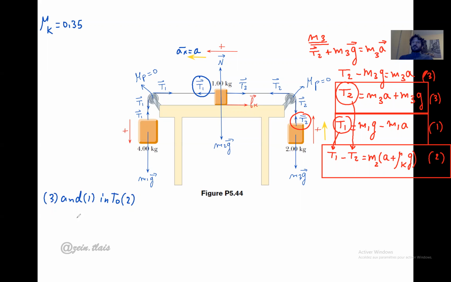We have T1 equals M1G minus M1A, this T1 minus T2 equals M3A plus M3G equals M2A plus mu k times G.